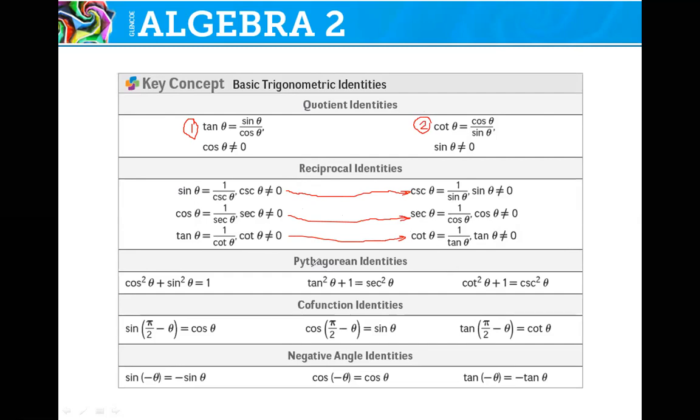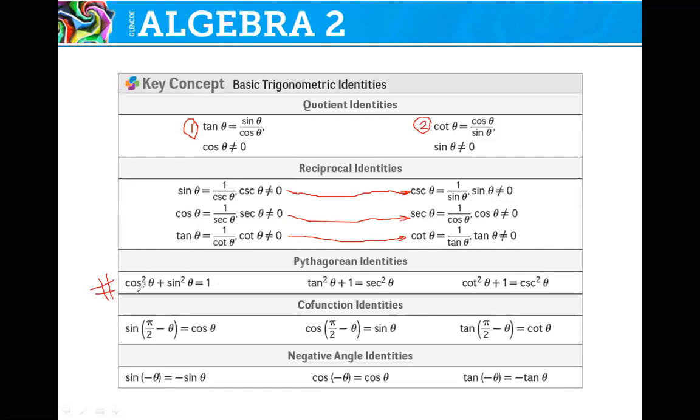We're going to the Pythagorean identities. These are very important. We work with these identities in more than 5 or 6 problems per lesson.